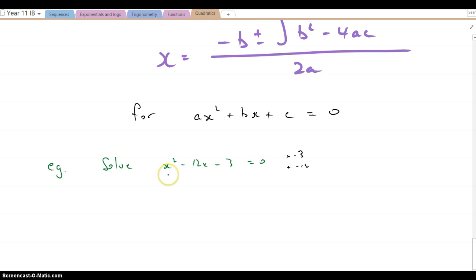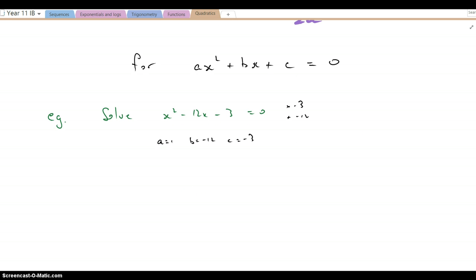I can see straight away here, a equals 1, b equals minus 12, c equals minus 3. So in we go to the formula. x equals minus b, that's minus minus 12, so 12, plus or minus the square root of b squared, 144, minus 4 times a times c.